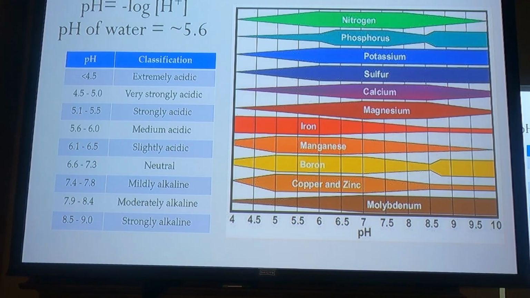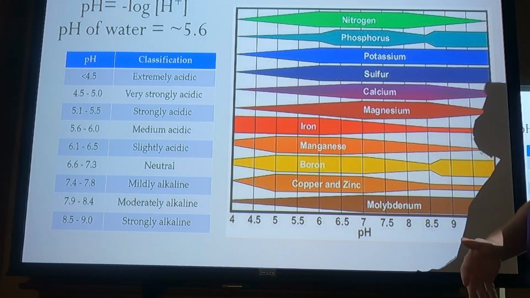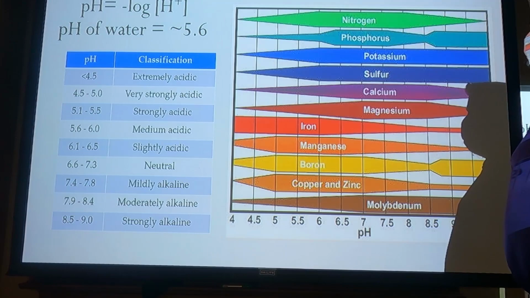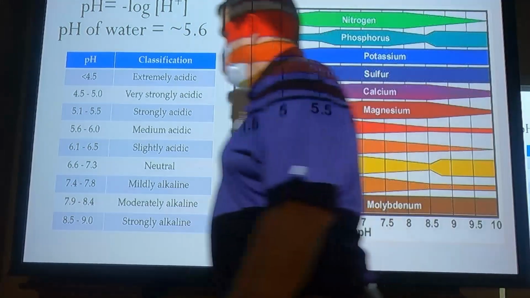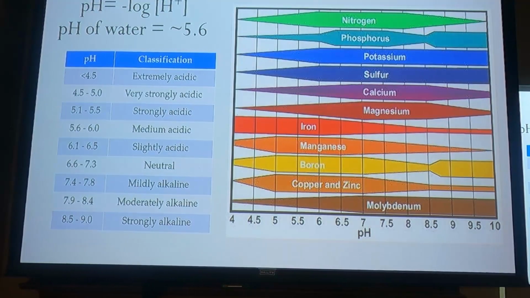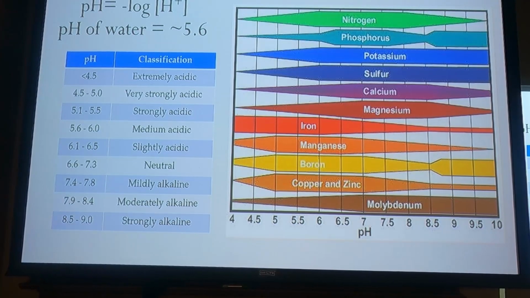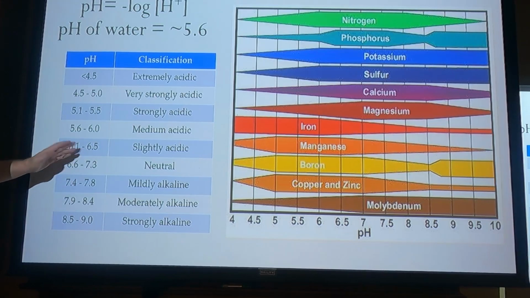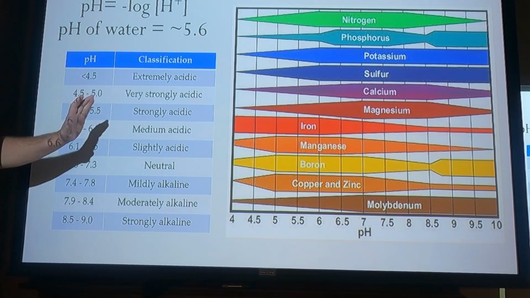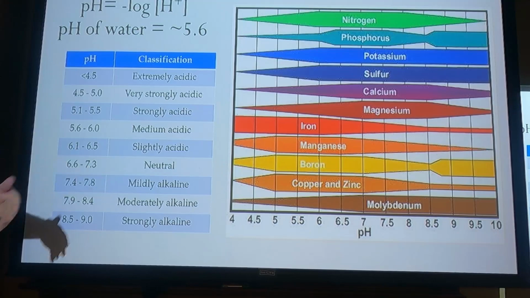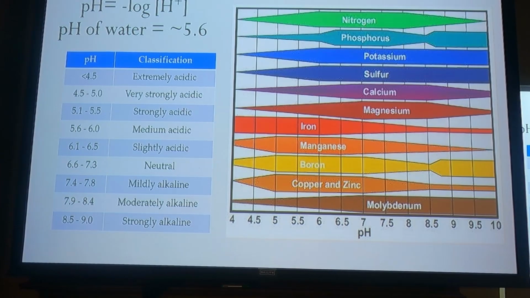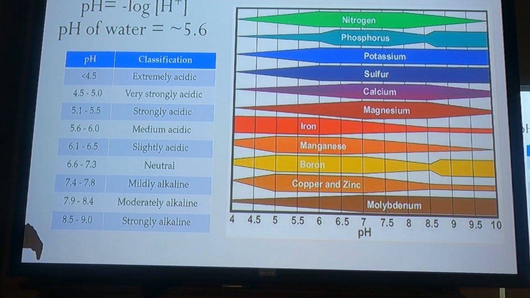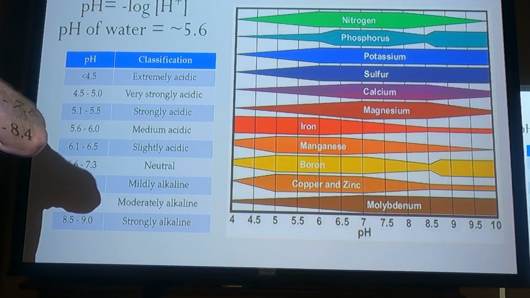There are different ways to classify pH. The thing that's tough about dealing with pH is that many of us know that anything below 7 is considered acidic, and anything above 7 is considered alkaline. But in soils we typically say that it's becoming more acidic or more alkaline.